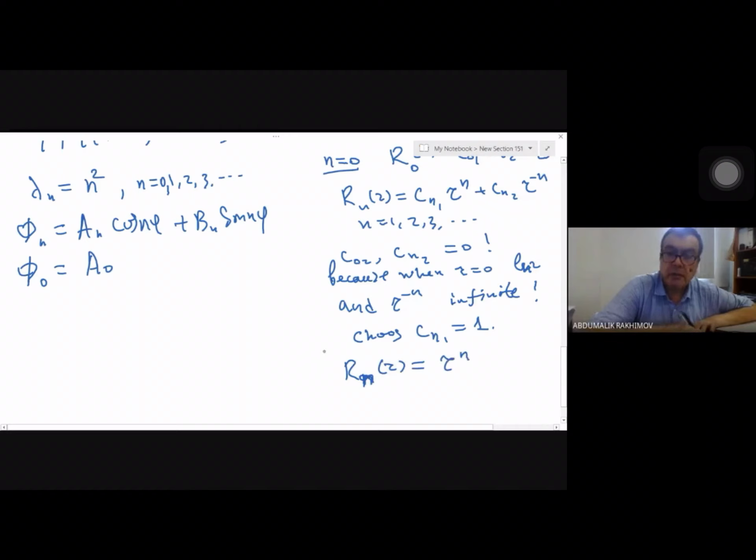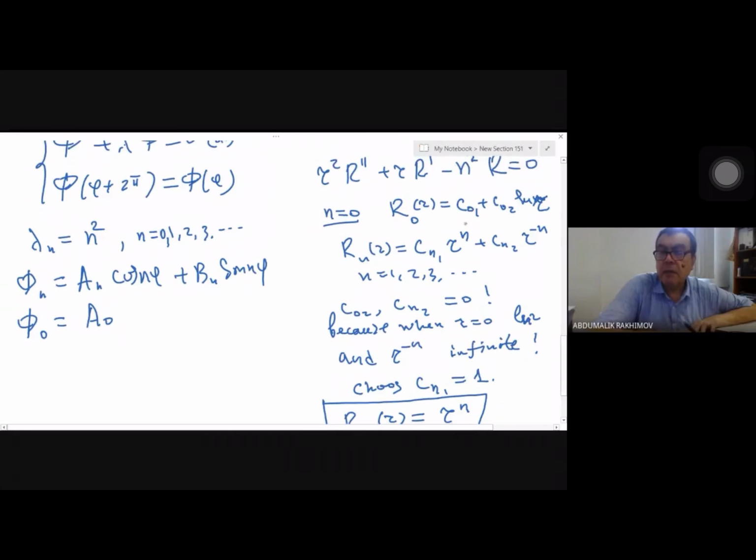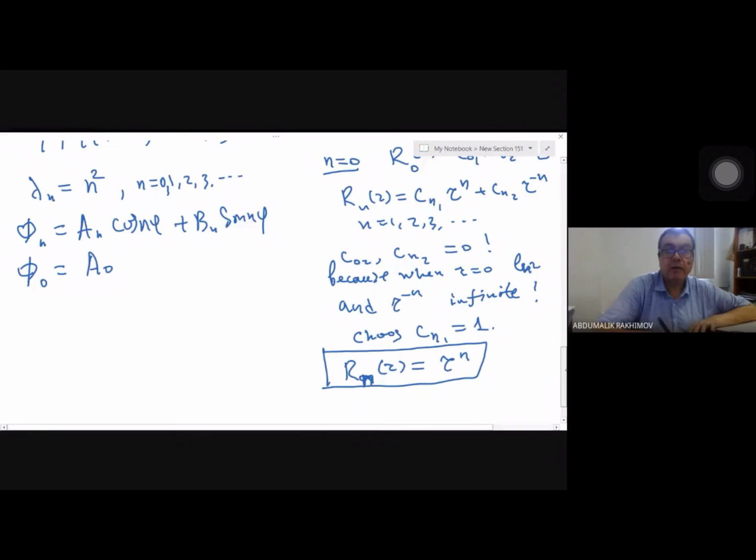So we will choose like this, with constant Cn1 equal to 1, including n equals 0. When n equals 0, you have the function 1, right? Check: if C02 is 0, you have only C01, which is 1, the same.